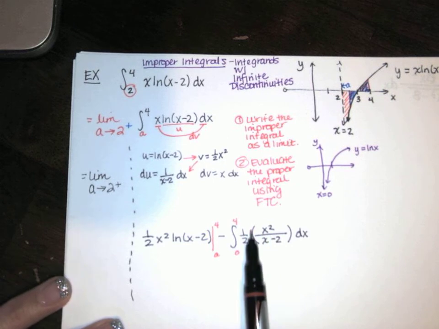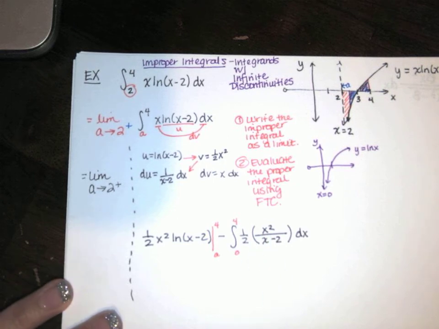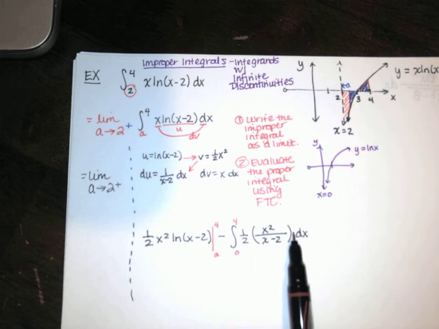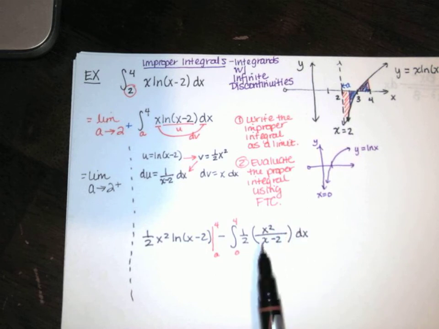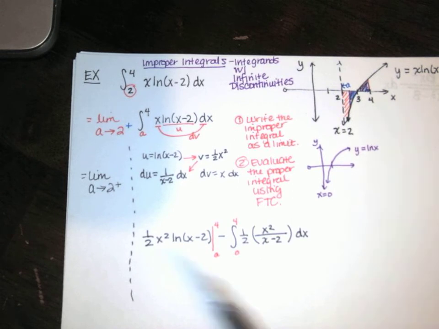Well, to simplify this, there are a couple of options. We can add a well-chosen 0 in the numerator, so that whatever's in the numerator will cancel with that x minus 2 in the denominator. That's a slick trick, and I really like that trick. But most people probably wouldn't think of that.